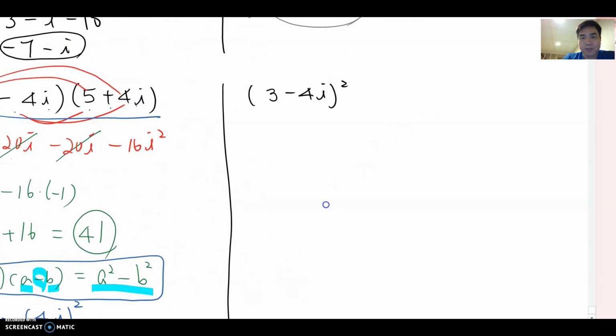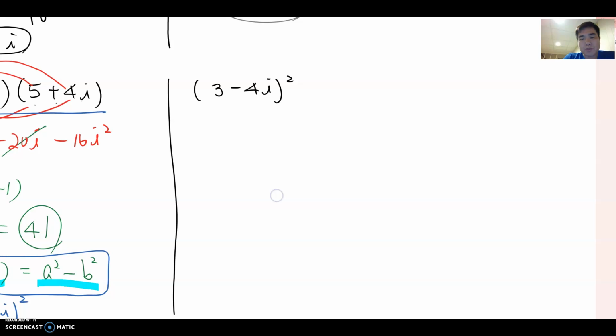Okay, now look at this problem. We will do 3 minus 4i, quantity squared. So let me ask you first, is this equal to 3 squared minus 4i squared? No, it is not.